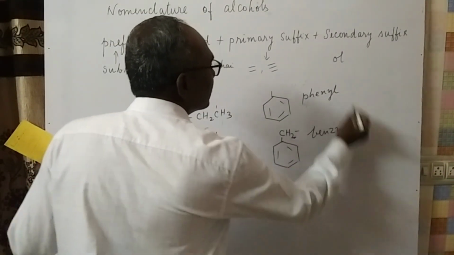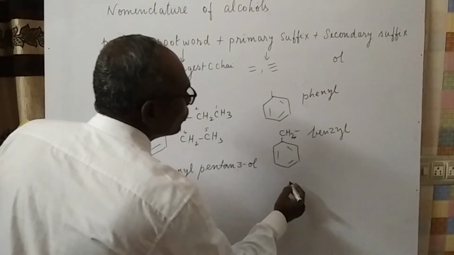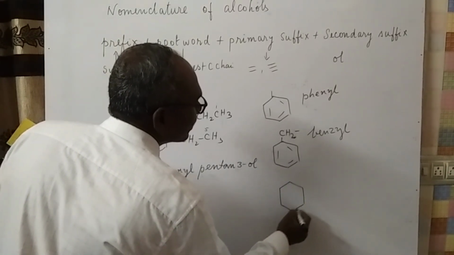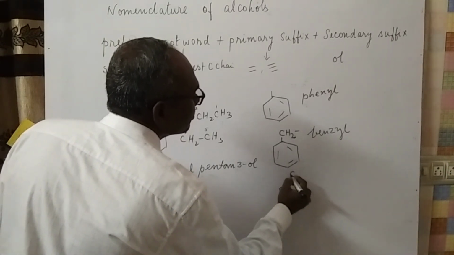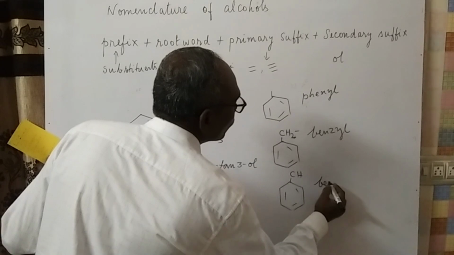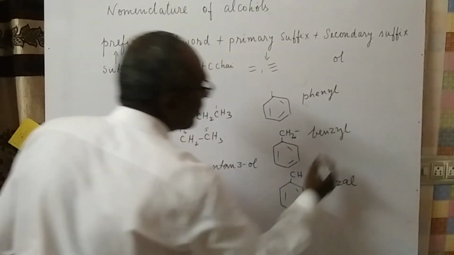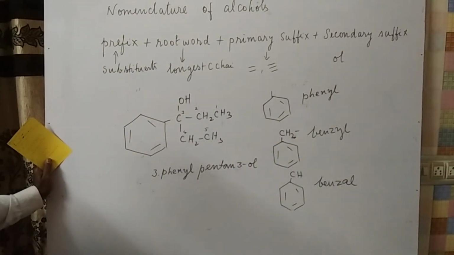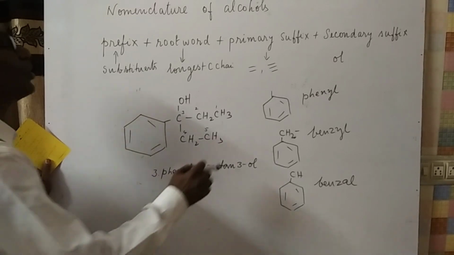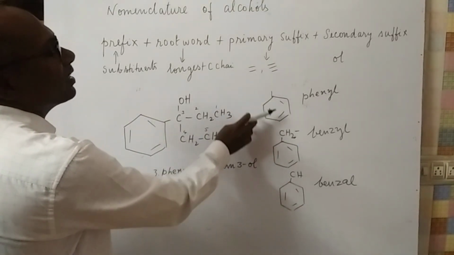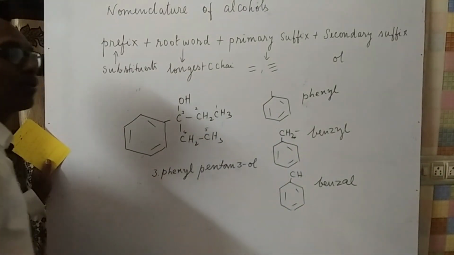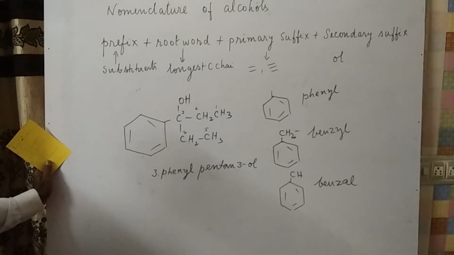If 2 hydrogens are removed, then it becomes a benzylidene group. So when a benzene ring is attached, you have to note down whether it is phenyl or benzyl or benzylidene. All these things we will discuss later.